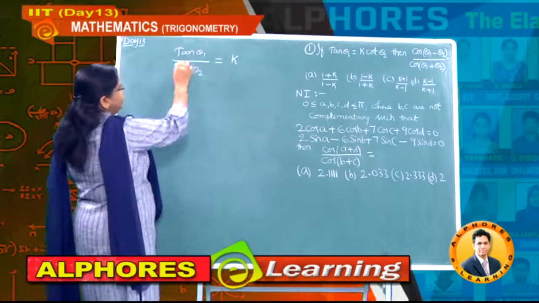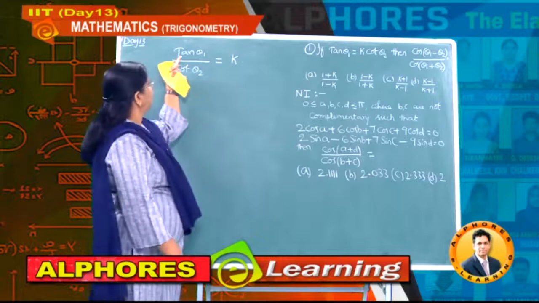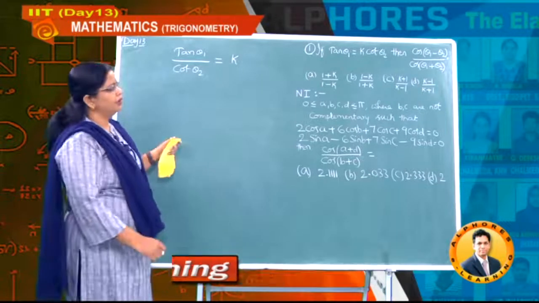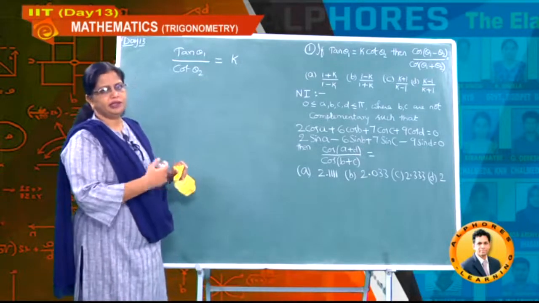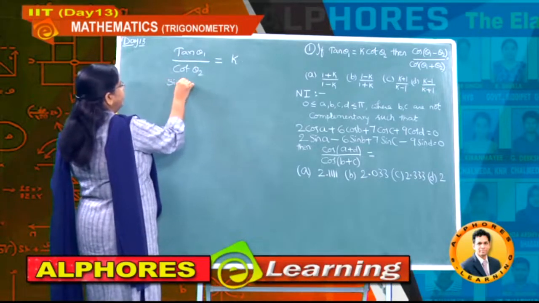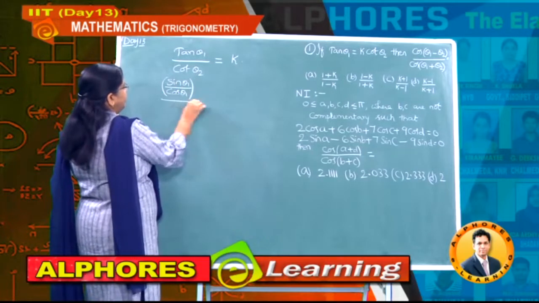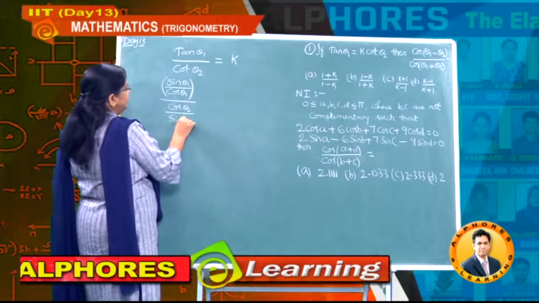Then I am writing here, as the problem is in terms of cos, therefore I am writing this tan and cot in terms of sin and cos, okay. So whatever the required value, accordingly you have to change the values. Now this is sin theta 1 divided by how much? Cos theta 1, and denominator it is cos theta 2 divided by sin theta 2, okay.